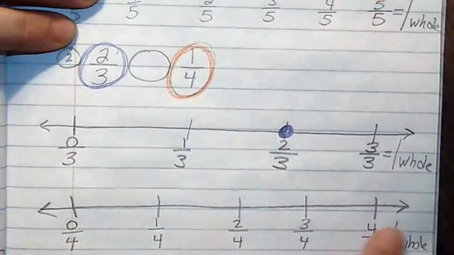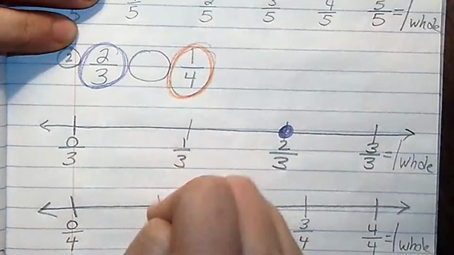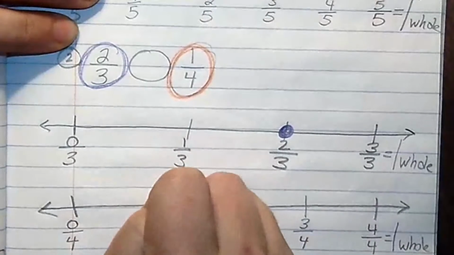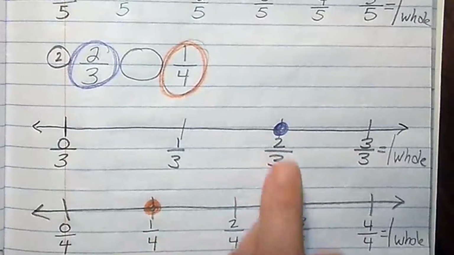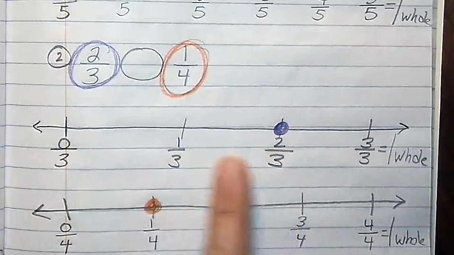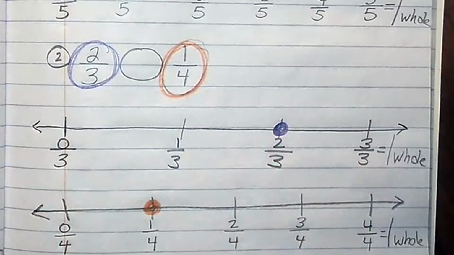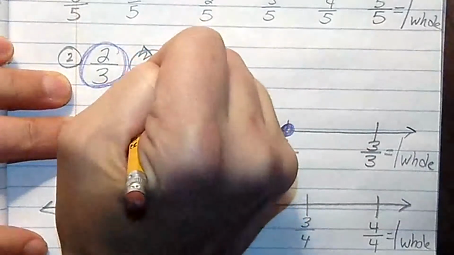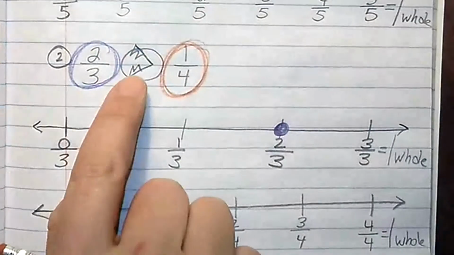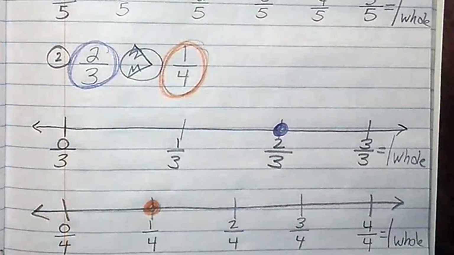So I'm going to look on my number line, find 1/4, and I'm going to put a point right there. Would you rather have 1/4 or 2/3? Which one is farther down my number line? 2/3, absolutely. So hungry alligator eats the number that's greater, and 2/3 is greater than 1/4.